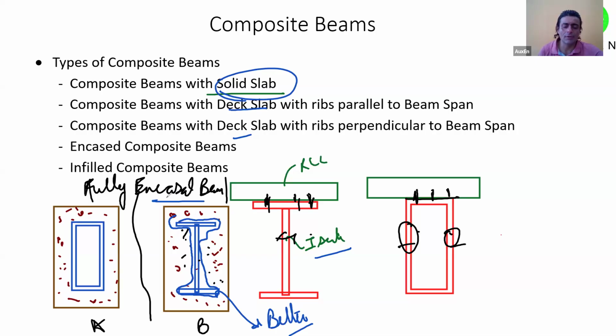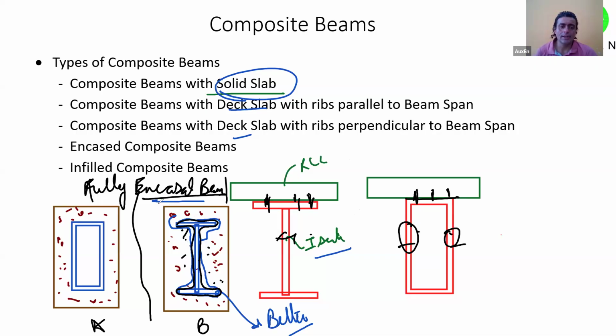This will allow for the composite action to better set in because of the larger surface area that you are having between concrete and steel surface. Because of that better composite action, you will be able to have better moment capacities of this full cross section. Clear? So this is my opinion, although I could not find such a reason in the books, but just because of the shape that we have, this is my understanding. All right.